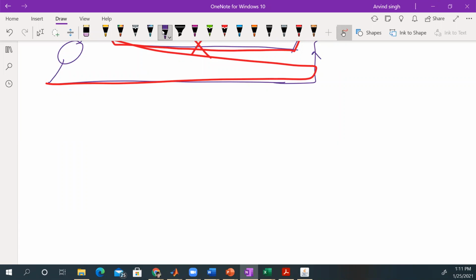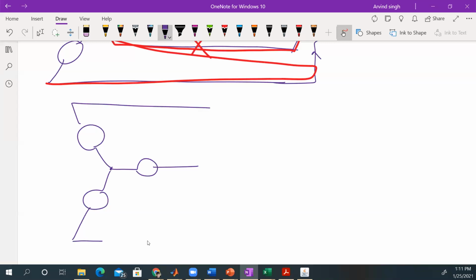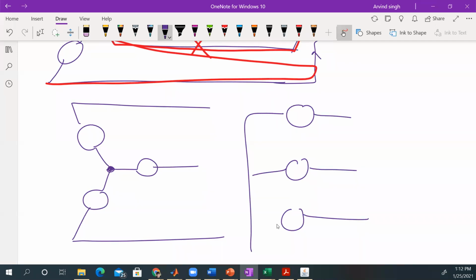So we're looking at a star system, which is what I had up there. 1, 2, 3. They're all connected to the same point, right? You could draw them like that. You could draw them like this. This is also a star connection. Notice all of them are connected to the same point here, all of them connected to the same point here, right? It's all the same thing.